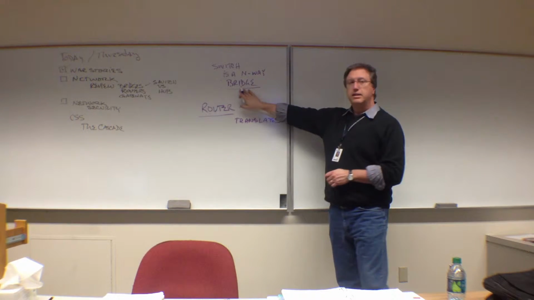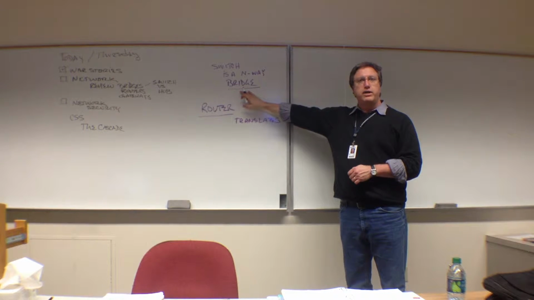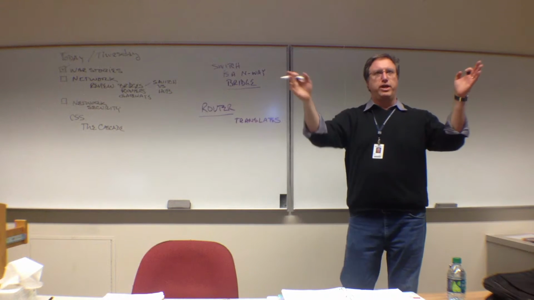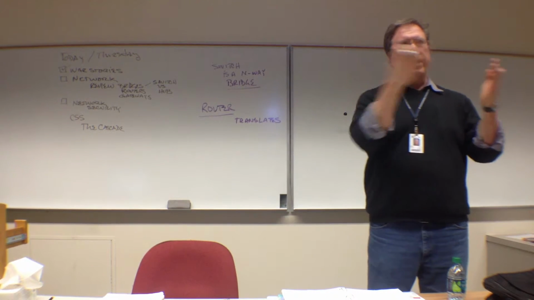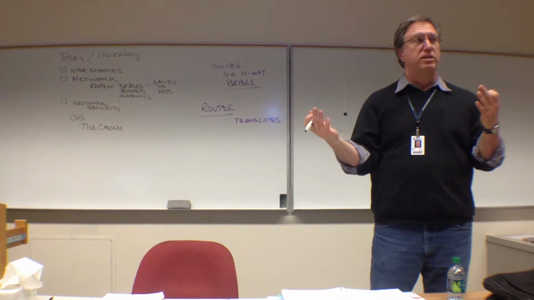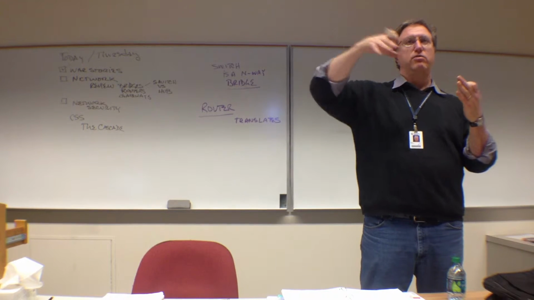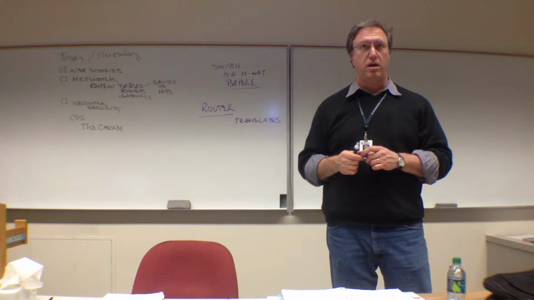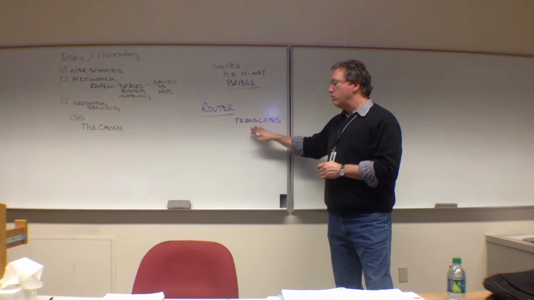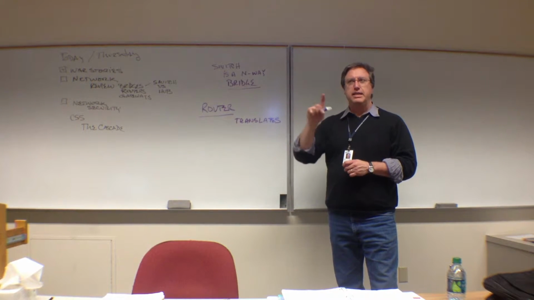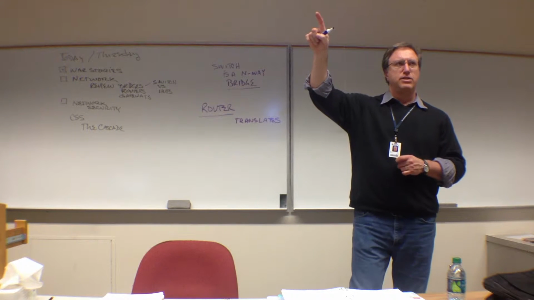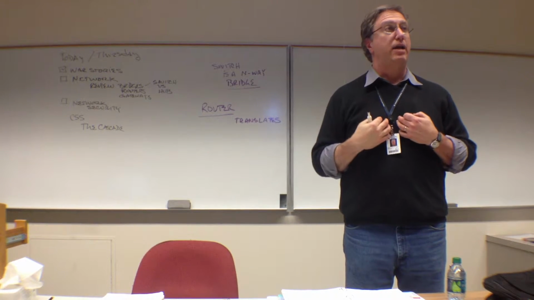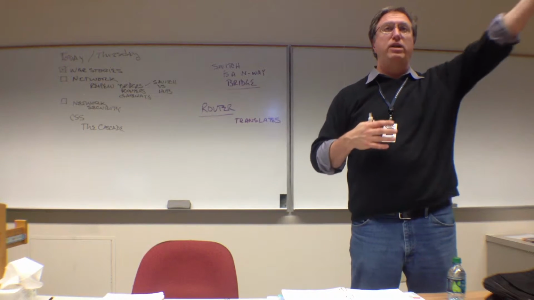A bridge, as you saw, doesn't do a lot of translation. About the most a one-way bridge does is pass packets back and forth. A switch just routes those packets to the right port. It doesn't change those packets at all. A router is one of those things that says, oh, this guy wants to send this to an IP address, and that IP address isn't on my network, so I'm going to route it to some other network.